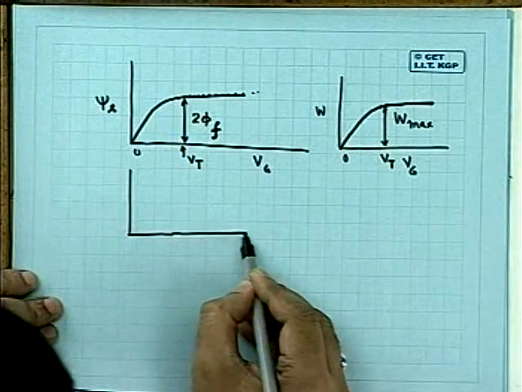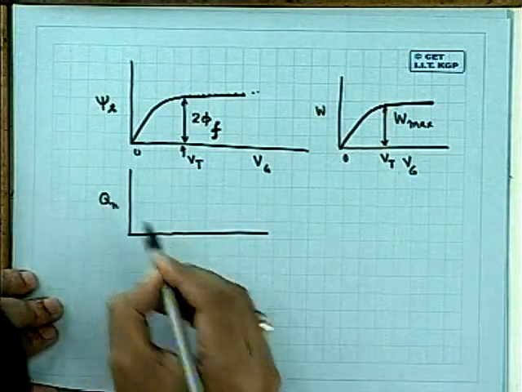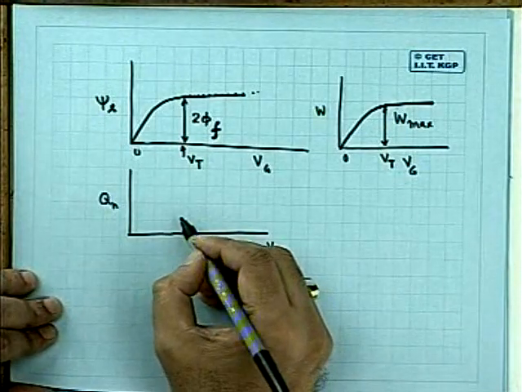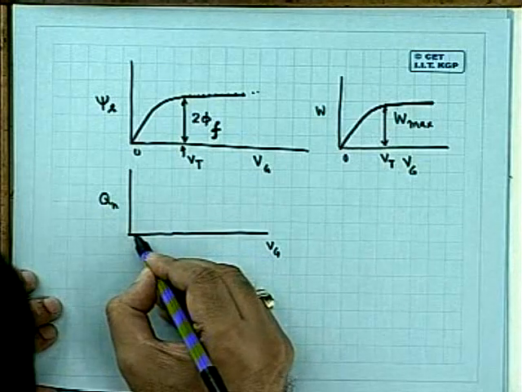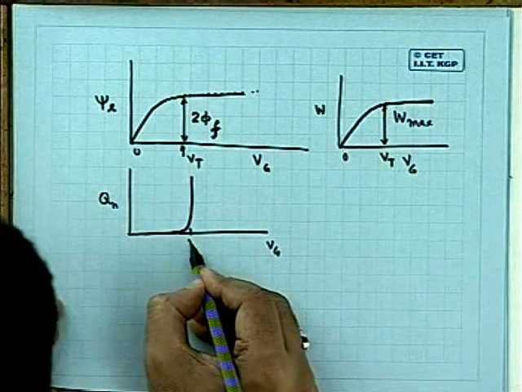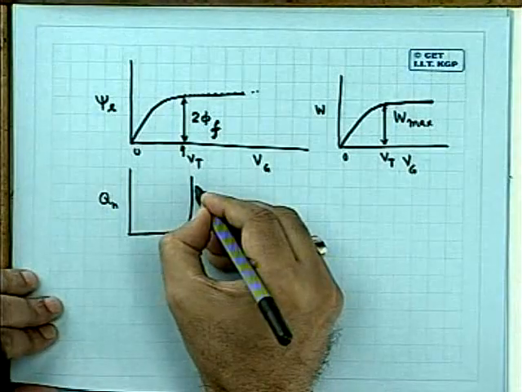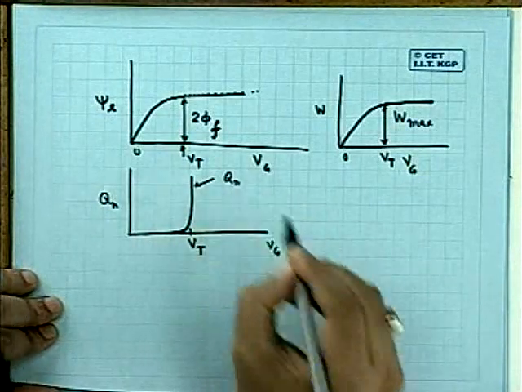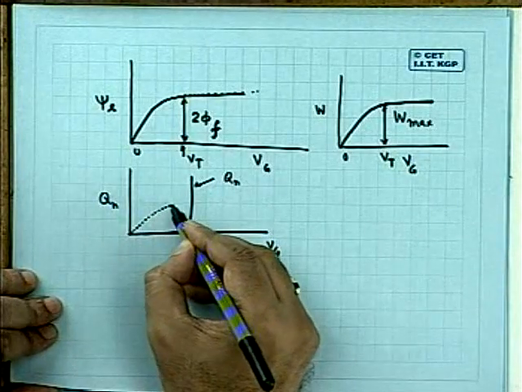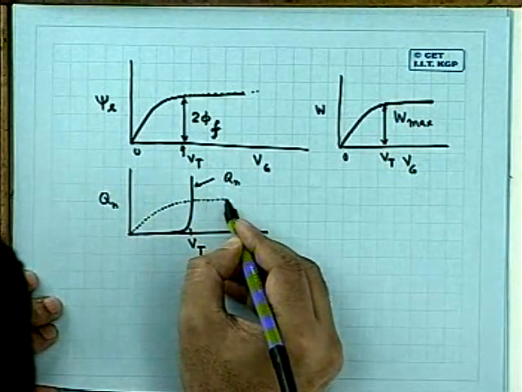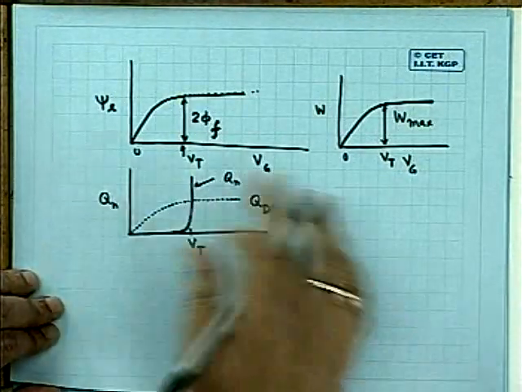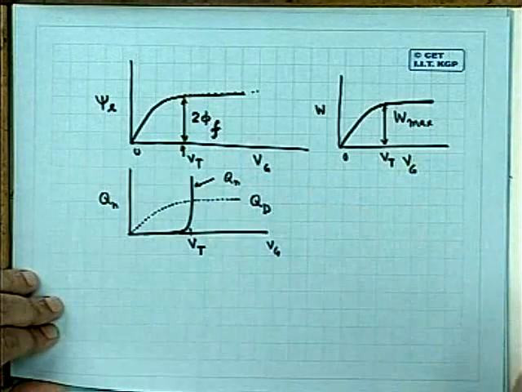And I have assumed that the Qn versus Vg curve is again something like this. This is Qn, whereas the Qd component, this is Qd. So these are the assumptions made in deriving those equations.